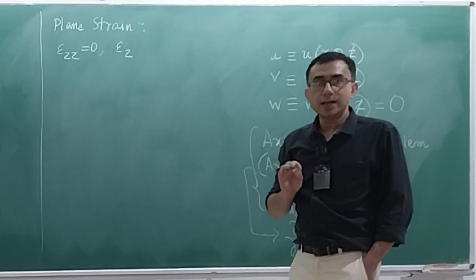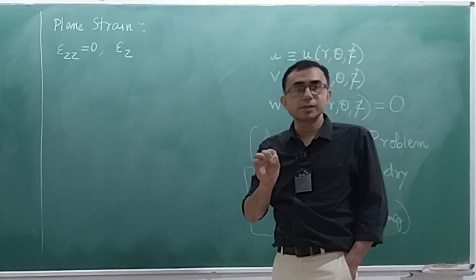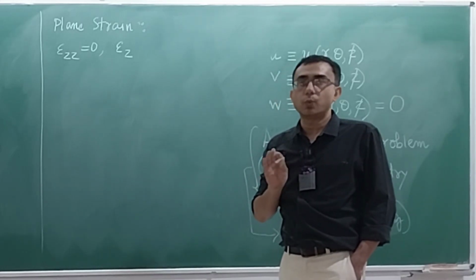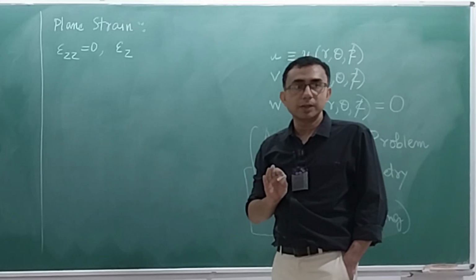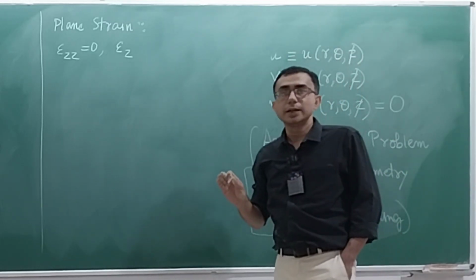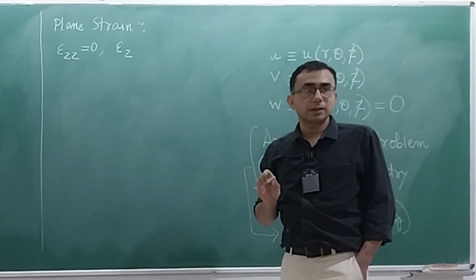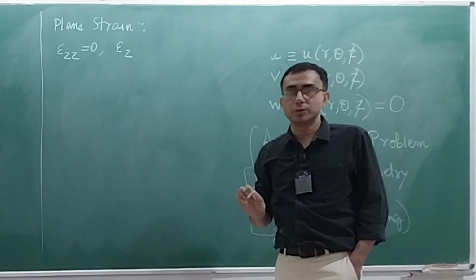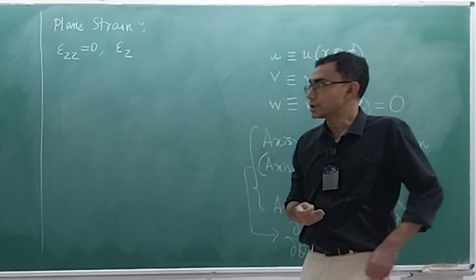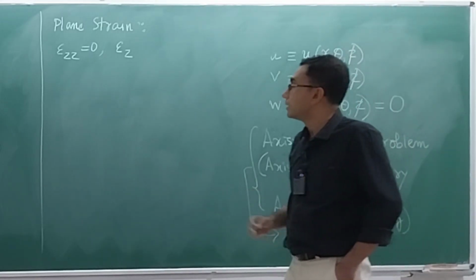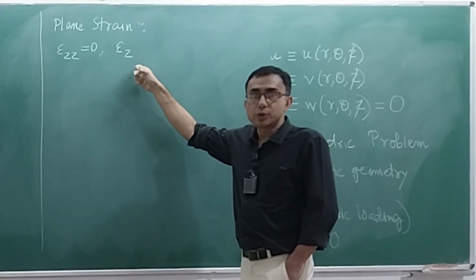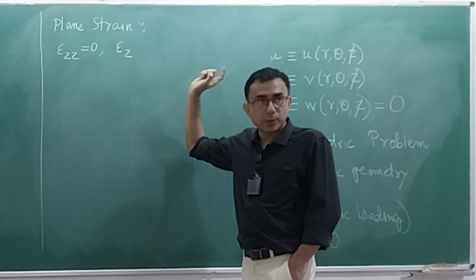There will definitely be questions where you will have to distinguish, sitting in the examination hall, between a plane strain and a plane stress. There should be absolutely no confusion regarding this. I am saying this is very, very important. Later also as an engineer, you should be able to distinguish it, but first of all, tackle your exams. In the Cartesian coordinate system, this was epsilon zx equal to 0, epsilon zy equal to 0.